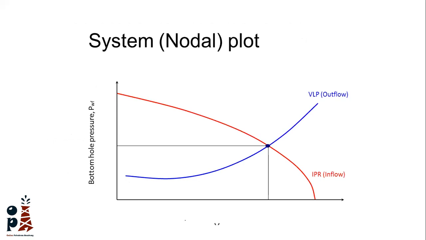So, as I mentioned at the beginning, one of the applications is to calculate the production rate from the well. So I have the IPR and I have the VLP, and the point of intersection is the flow rate and the BHP.